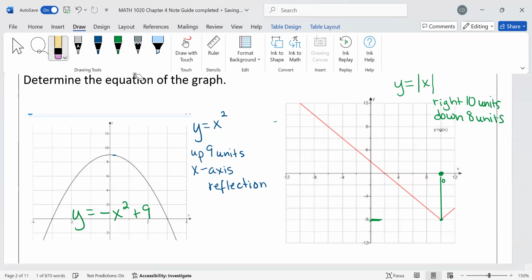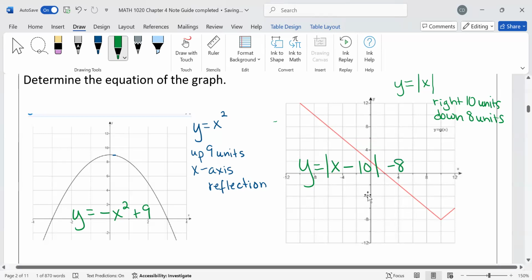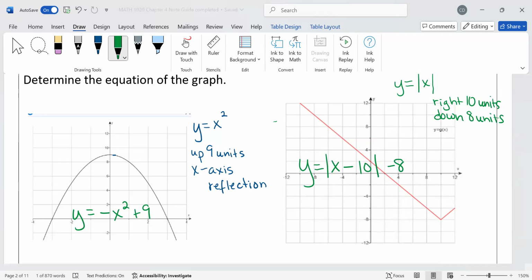I'm going to erase this. So to the right or left, that's inside. We went right. So it's going to be minus 10. And we went down, up, down's outside, minus 8. So let's check this on the calculator to see if we have it right.